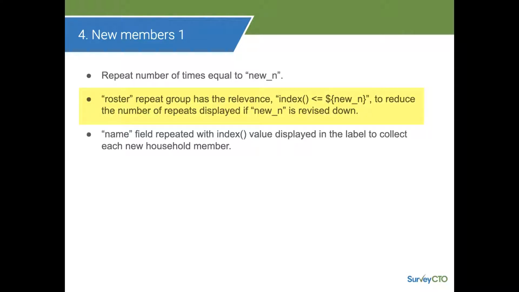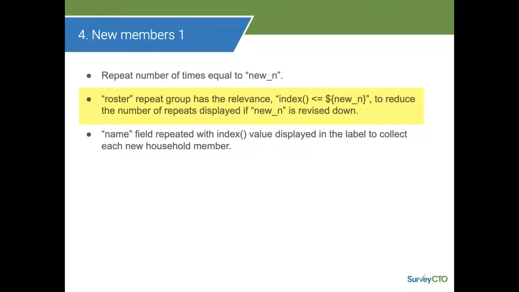So the roster, a repeat group, could just as easily have had an unlimited repeat count with no value specified there. This is just an assumption of my design here, but you don't necessarily need to do that.